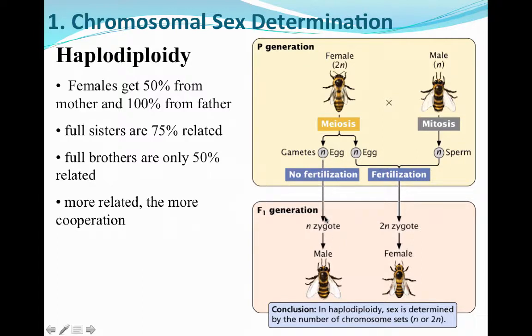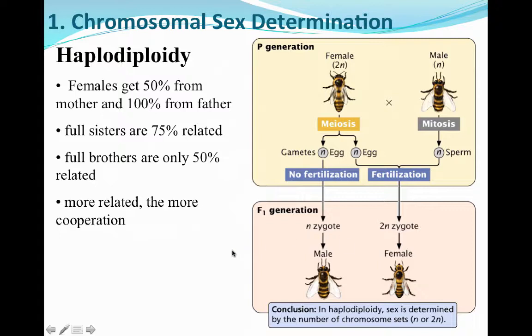If no fertilization takes place, then that individual in the F1 generation remains male because there's only one copy of genetic information. However, if the female passes on her copy of genetic information and the male also contributes sperm during fertilization, then there are two sources of genetic information coming together, resulting in a diploid zygote. Therefore, the offspring will be female.